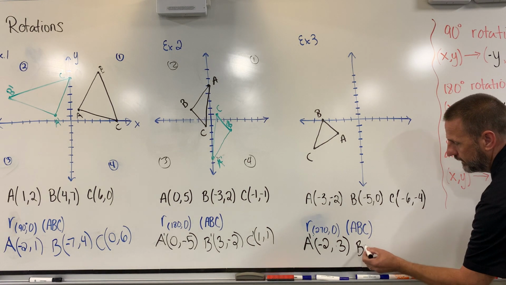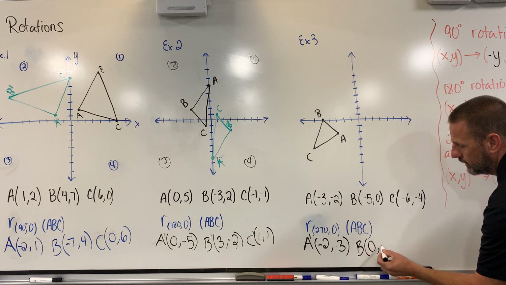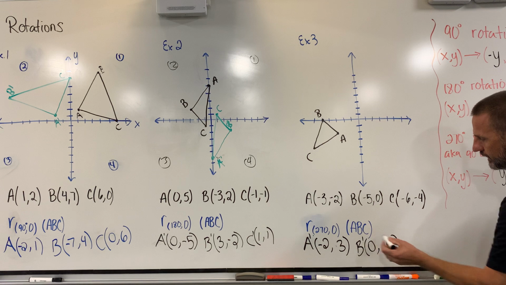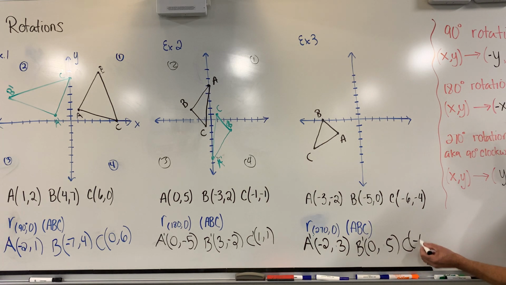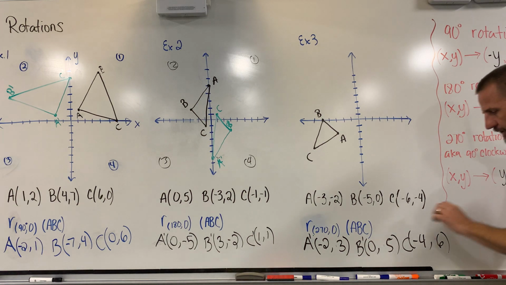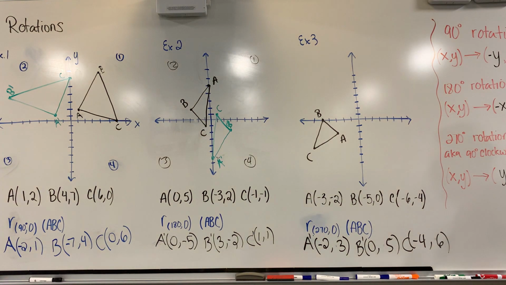All right, for B, 0, -5. Switch that second value, so now it's just 0, 5. And then C, -4, -6, and then switch it. I like to leave it just the way it is and literally copy them down, and then I just make my quick sign change by either taking my eraser and erasing it or adding a negative as needed. All right, so let's draw this out.